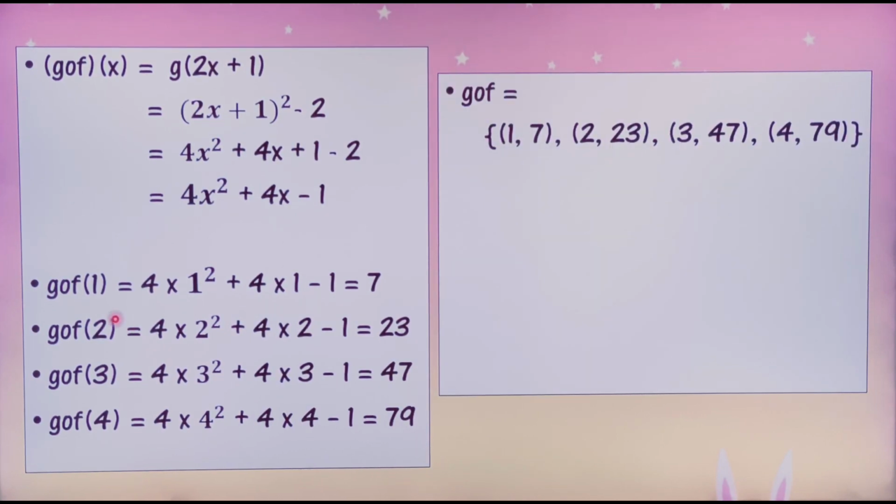Now g∘f is equal to {(1, 7), (2, 23), (3, 47), (4, 79)}.